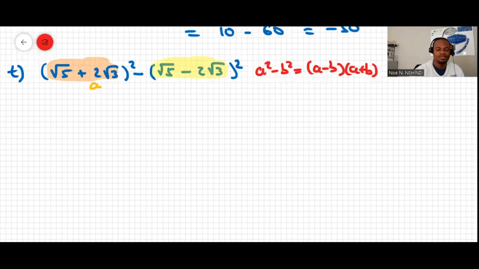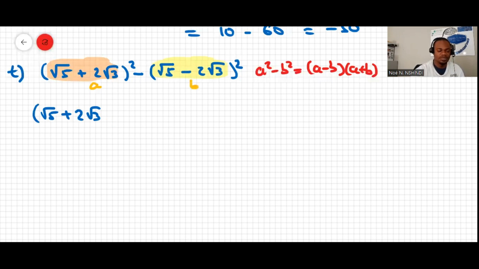And then this other part here is like B, okay? So A squared minus B squared. So this will be then equal to square root of 5 plus 2 root 3, okay? This is like A.